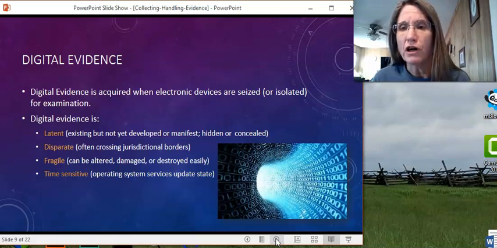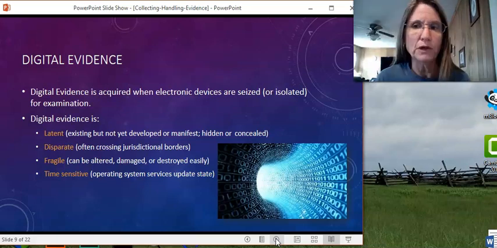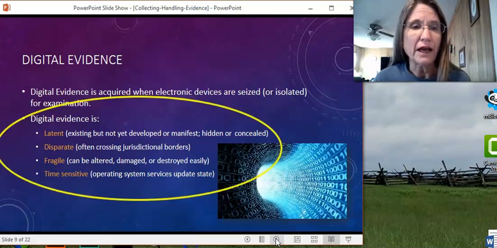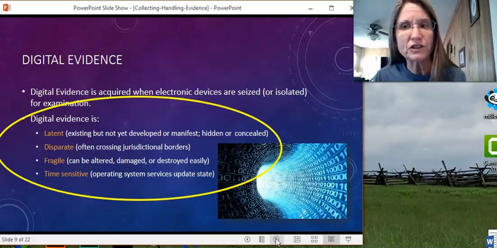There are some key qualities to evidence, and specifically to digital evidence. For one thing, the evidence is latent. Okay, latent means not fully formed, not obvious in front of our eyes, so hidden or concealed.